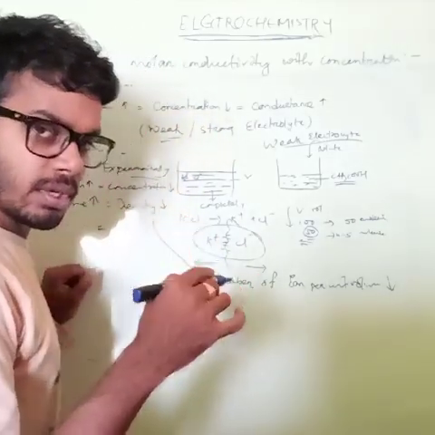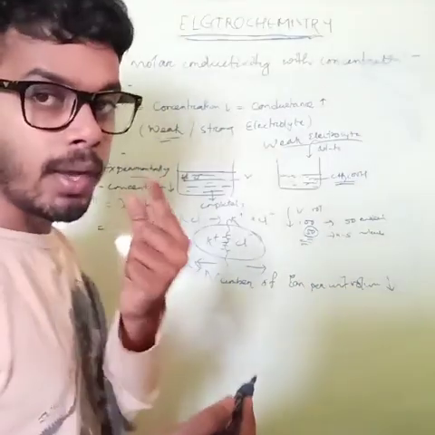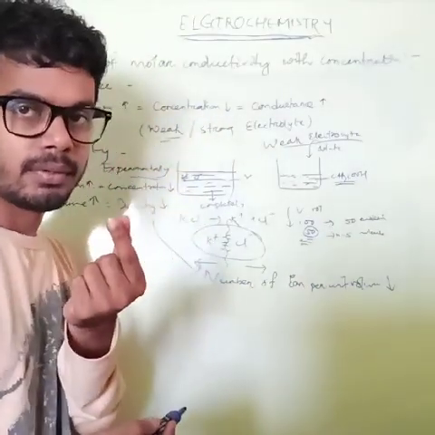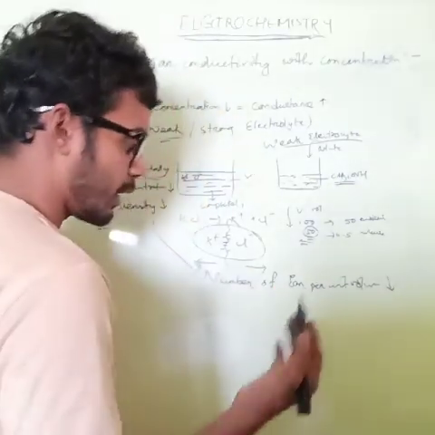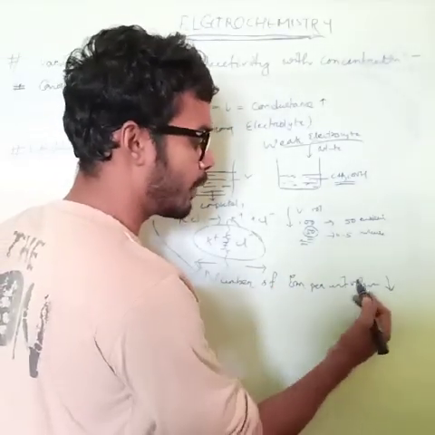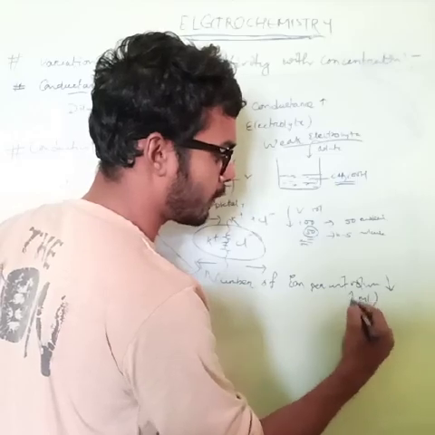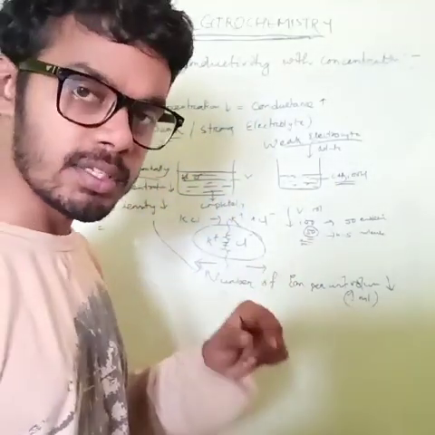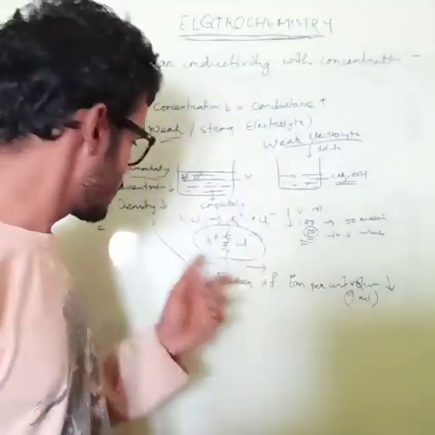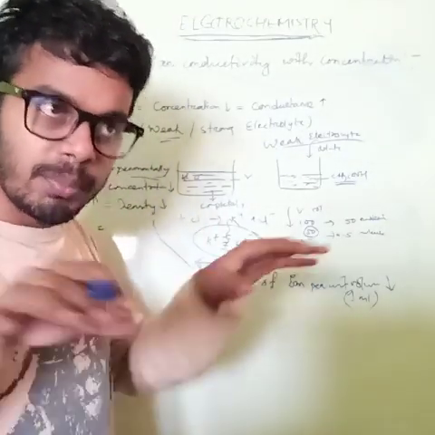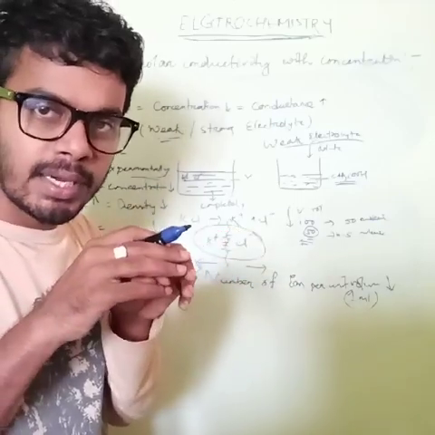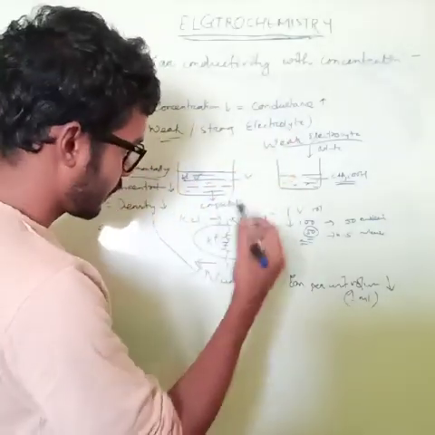Conductivity is the conductance in 1 ml of volume of solution. So per unit volume, that is the number of ions per unit volume, or 1 ml. In 1 ml the number of ions will decrease on dilution, obviously, because density will be less, ionic mobility will be more, so ions will get a chance to move out.